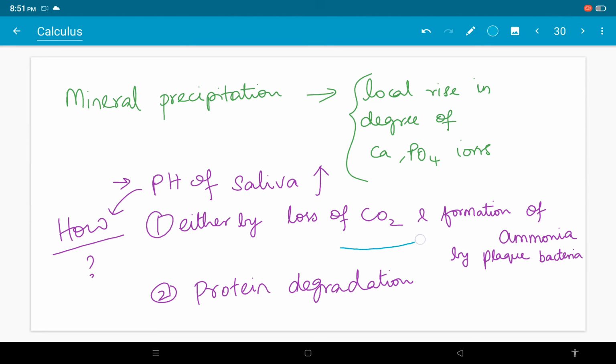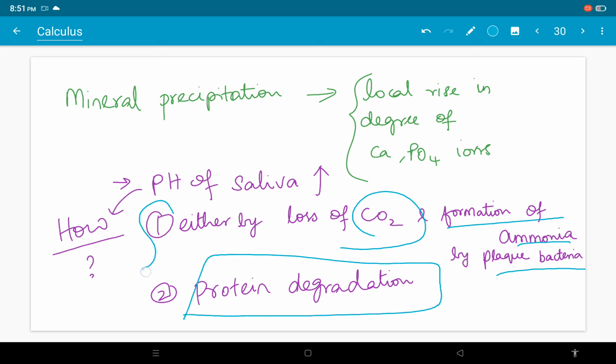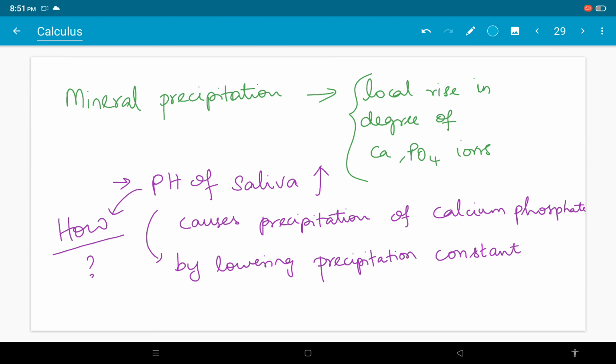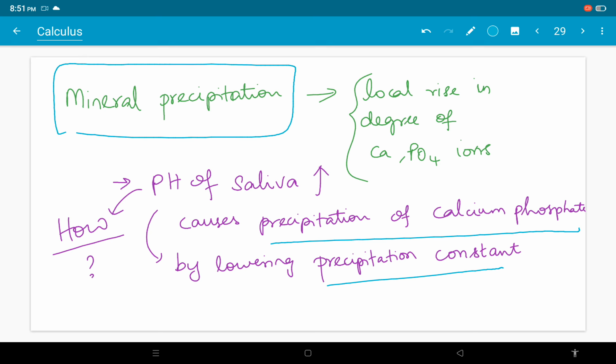Either by loss of carbon dioxide and formation of ammonia by plaque bacteria or by protein degradation. So these two reasons lead to increase in pH of saliva, which in turn causes precipitation of calcium phosphate by lowering the precipitation constant. Therefore, in the mineral precipitation theory, the first reason they are suggesting is rise in pH of saliva.